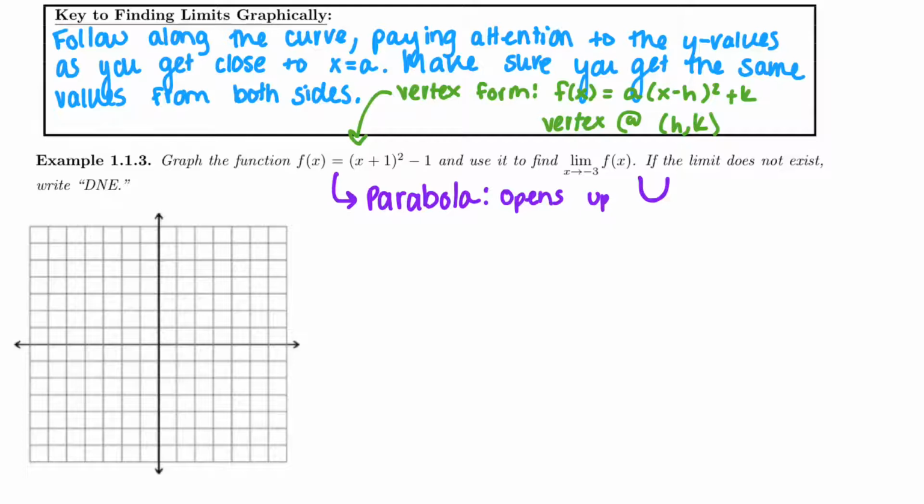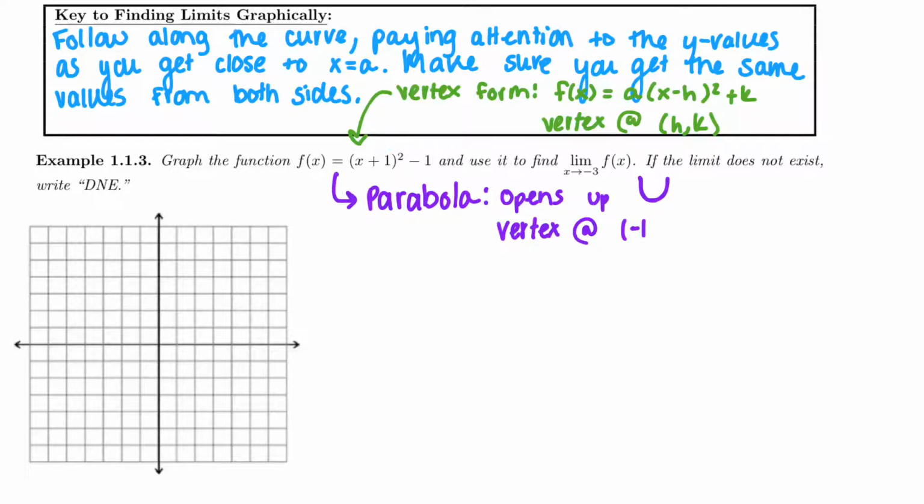Because there's a minus sign here, the x value of the vertex is the opposite of this value. So there's a vertex at -1. The -1 comes from right here. h is equal to -1.